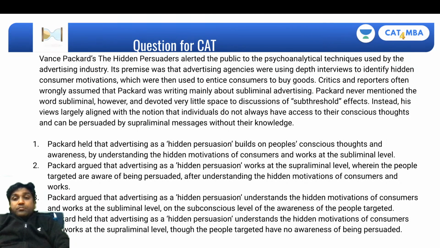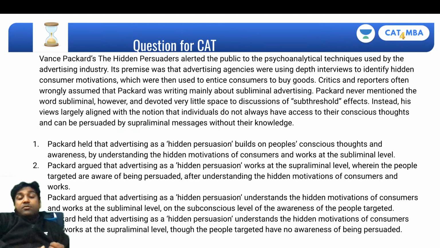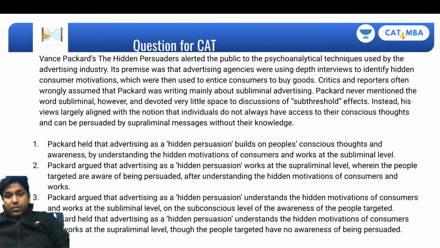Instead, his views largely align with the notion that individuals do not always have access to their conscious thoughts and can be persuaded by supraliminal messages without their knowledge.